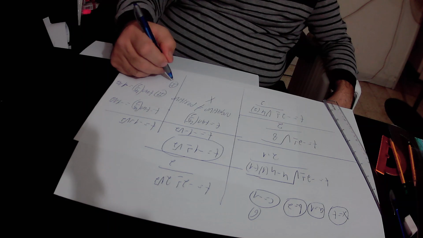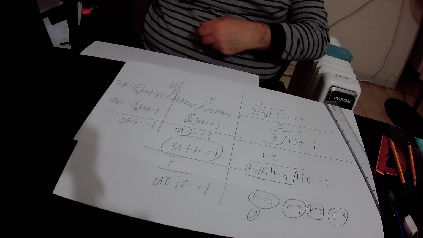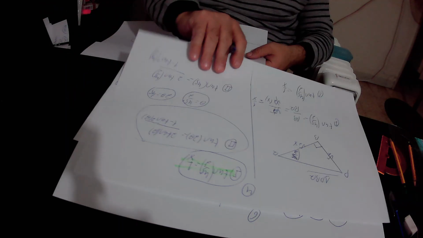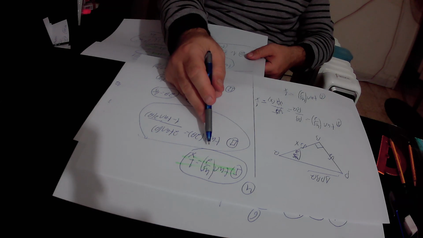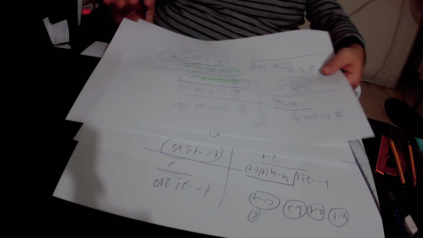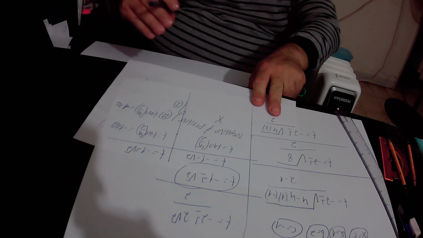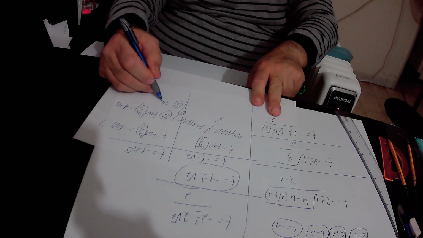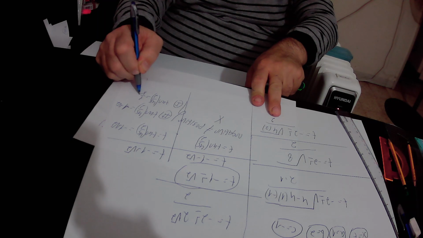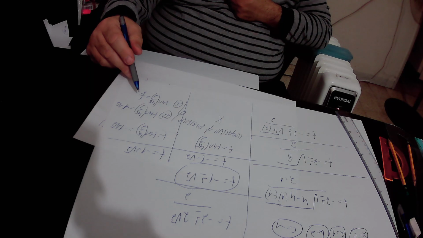While according to equation number 1, we have already found out that tangent of 45 over 2 degrees equals 1 over x.